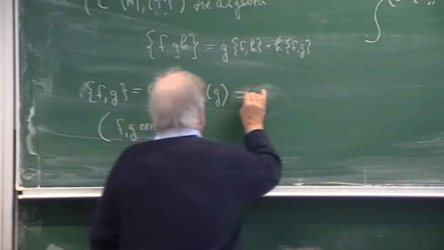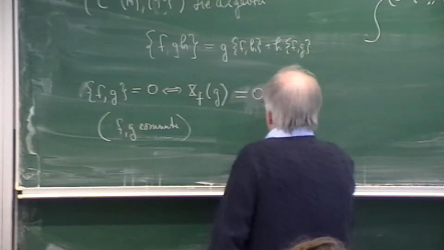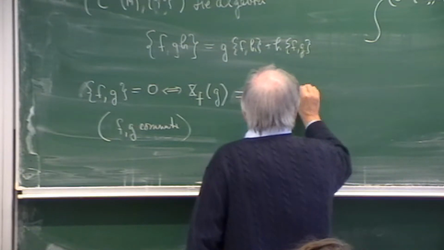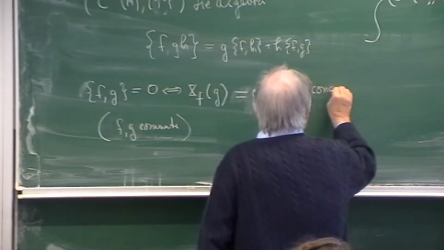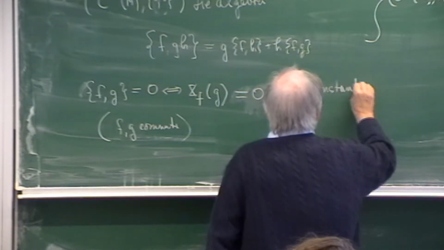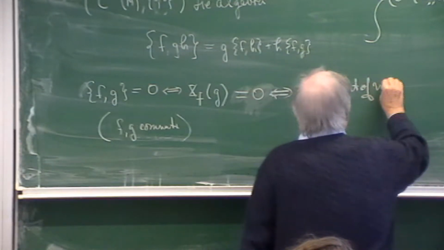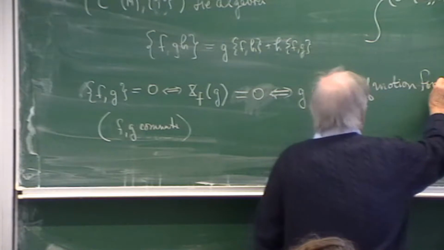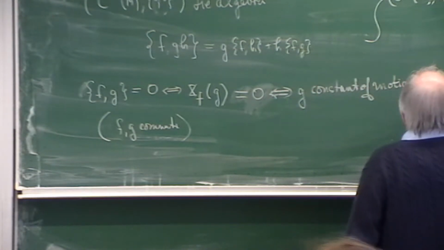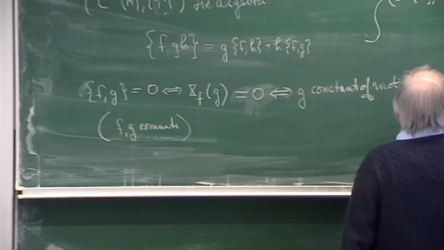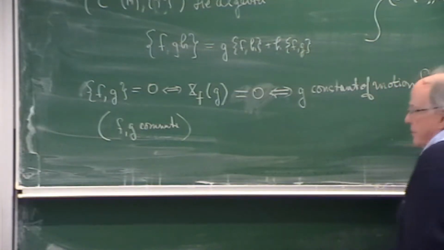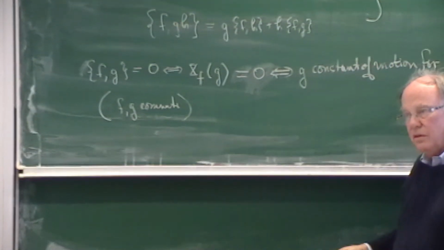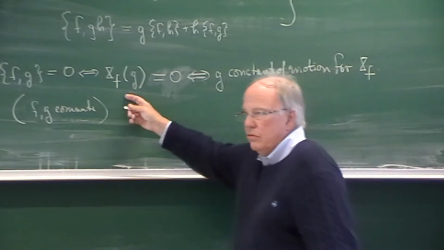This is 0. And that means that g is a constant of motion for the flow of S_f. Right? That's what it means. Constant of motion.